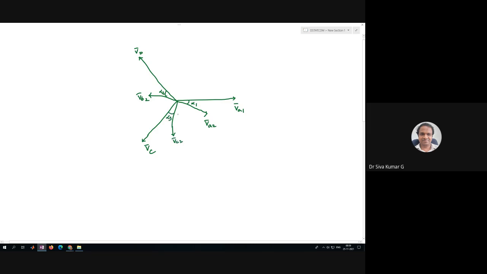It is not necessary that alpha 1 and alpha 2 are equal. Then, if you go for a pre-sag injection, the pre-sag injection is this.